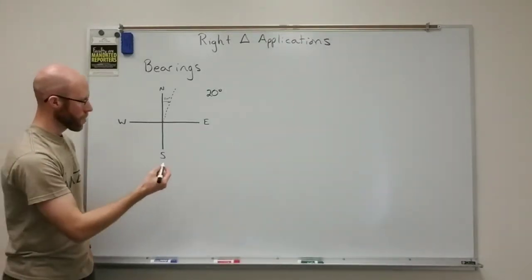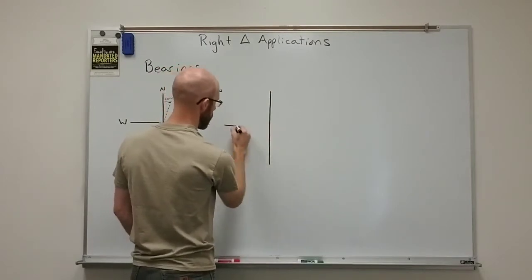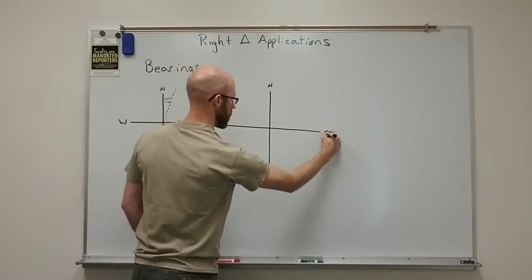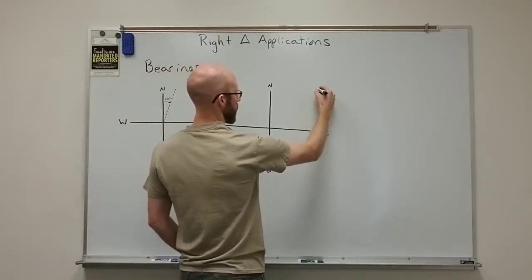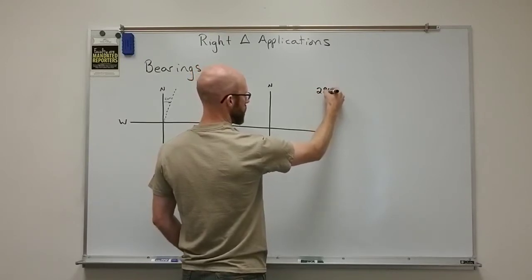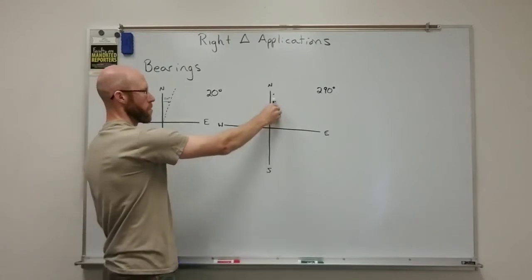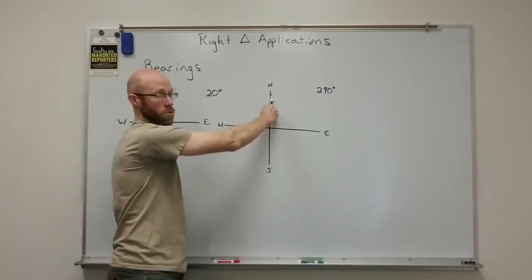You could also represent, in a similar way, a bearing of, I don't know, 290 degrees, for instance. If you had a bearing of 290 degrees, then from north you would rotate 290 degrees around the circle clockwise.